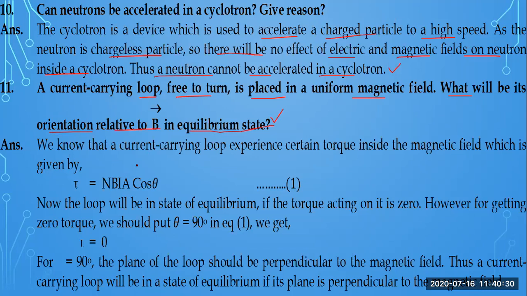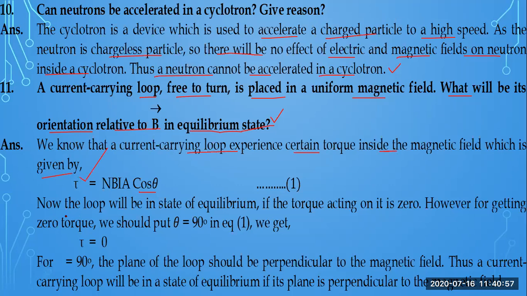What will be the effect on the orientation of the loop when it is placed inside a uniform magnetic field? We know that the current carrying loop experiences a certain torque inside a magnetic field, which is given by tau is equal to NIAB cos theta.